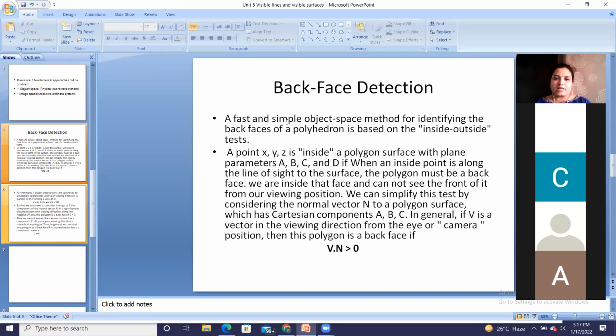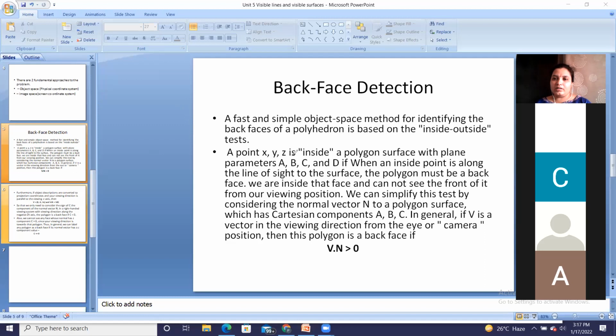It is a very fast and simple object space method for identifying the back faces of a polyhedron, and it is based on the inside-outside test. For any polygon surface, there is a point lying inside, a point with XYZ.